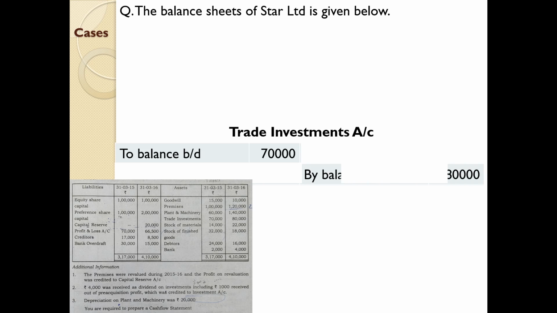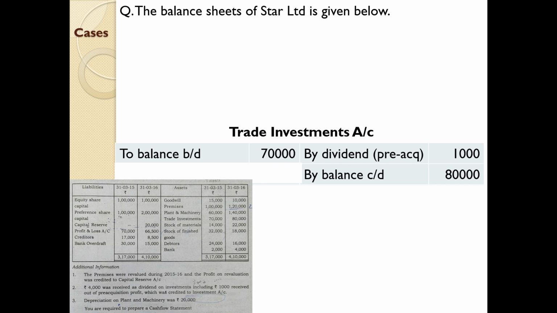We will begin with its opening balance as well as closing balance, because in the question investment is given as 70,000 and 80,000, and in the adjustment it is said that 4,000 was received as dividend on investment, including 1,000 received out of pre-acquisition profit, which was credited to investment account. So let us note down the received amount which was credited to the investment account, 1,000.